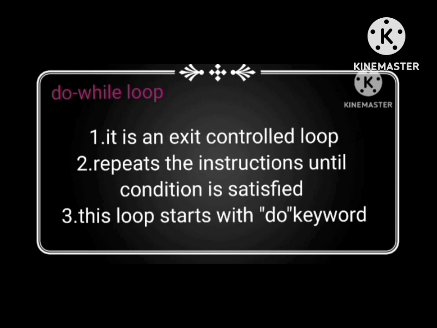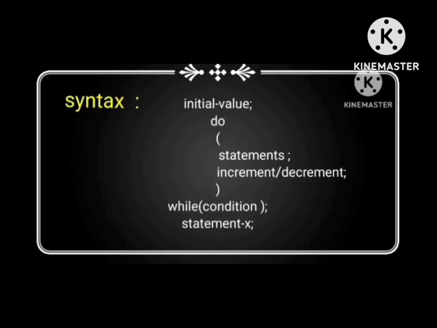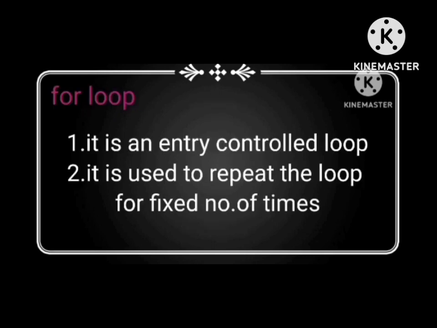This loop starts with the do keyword and ends with while condition and a semicolon. It enters the loop a minimum of 1 time without checking the condition. Syntax: initial value, do, statements, increment statement, closed flower bracket, while condition.